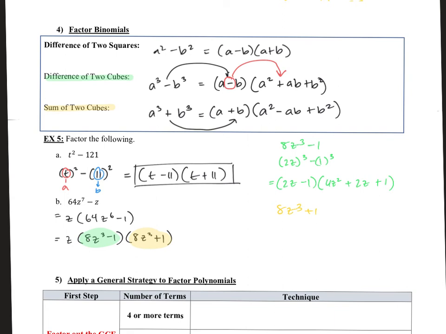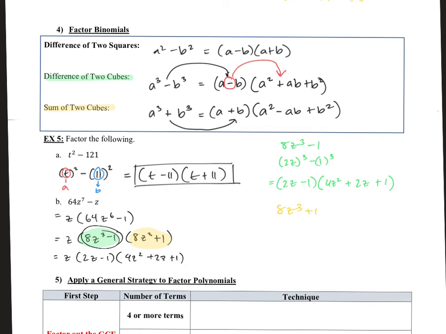Okay, so that one's factored. I'll go ahead and plug that in. So this one factors into 2z minus 1 times 4z squared plus 2z plus 1.